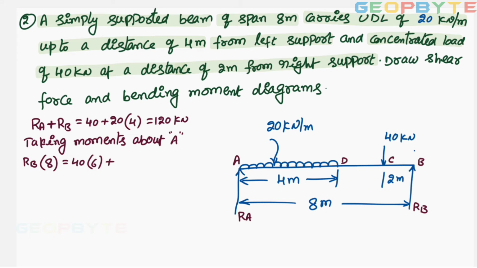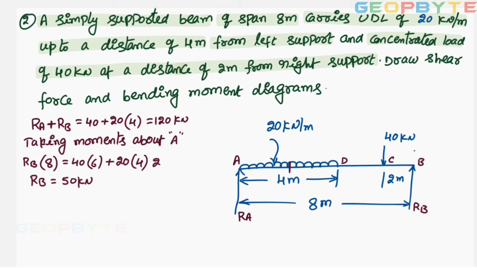UDL, first you have to convert the UDL to a point load. UDL multiplied by UDL distance gives the point load. Assume that the point load is acting at the middle of AD. From that middle point the distance up to A is 2 meters. You simplify this value for getting RB. I got RB equal to 50 kilonewtons.